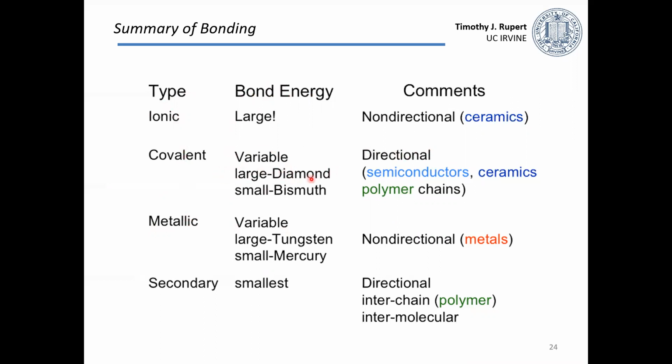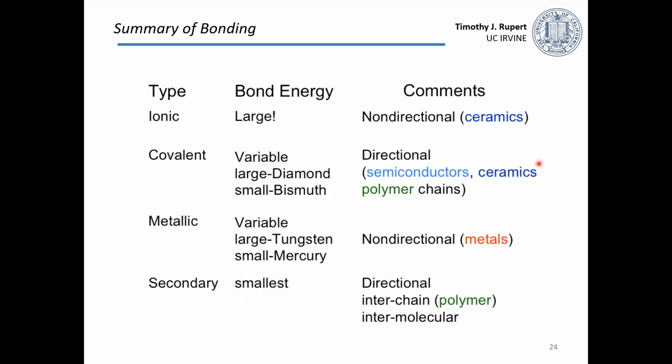So some things like diamond will have a very high bond energy, some things like bismuth won't. Metals are non-directional as well, and they also have very large variations within their bond energy, okay? Secondary bonding are the smallest energy, that's why we call them secondary, and these tend to be directional, okay?